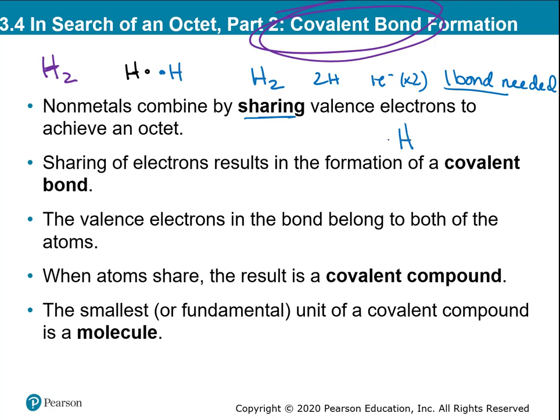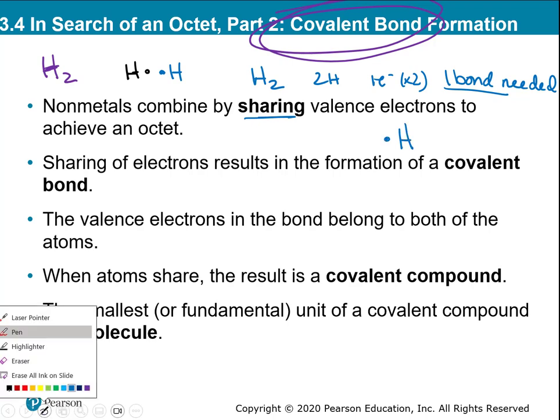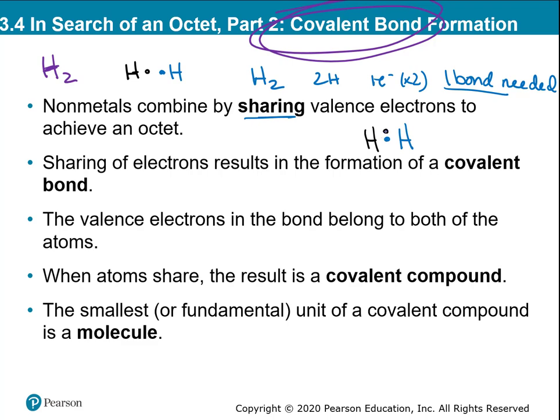And if I arrange my blue hydrogen, push it a little closer to the black hydrogen, and just share the dots between them, those 2 electrons now spend 50% of their time with 1 hydrogen, 50% of their time with the other hydrogen, and that's enough to create that helium arrangement. Helium has 2 valence electrons and is stable, and so these 2 are stable with just a single pair of electrons being shared.